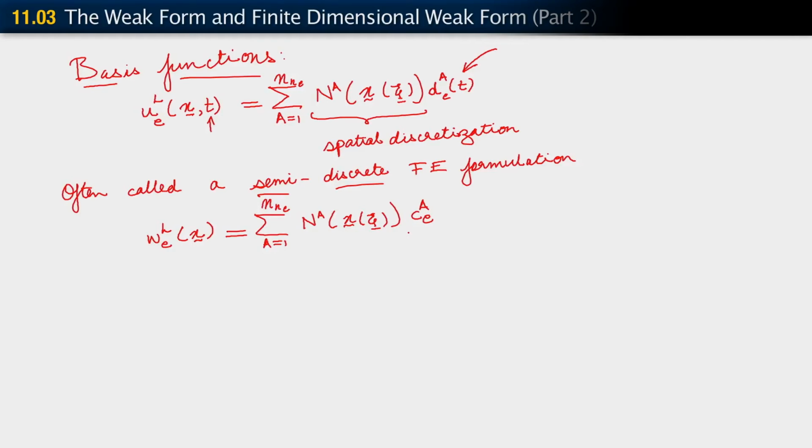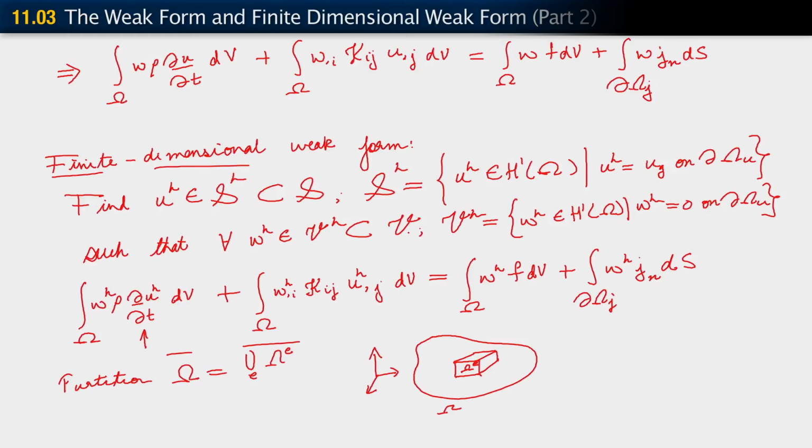All right. With this in mind, observe that if you still have in front of you the finite dimensional weak form, I'll pull it up again. Here you have it.